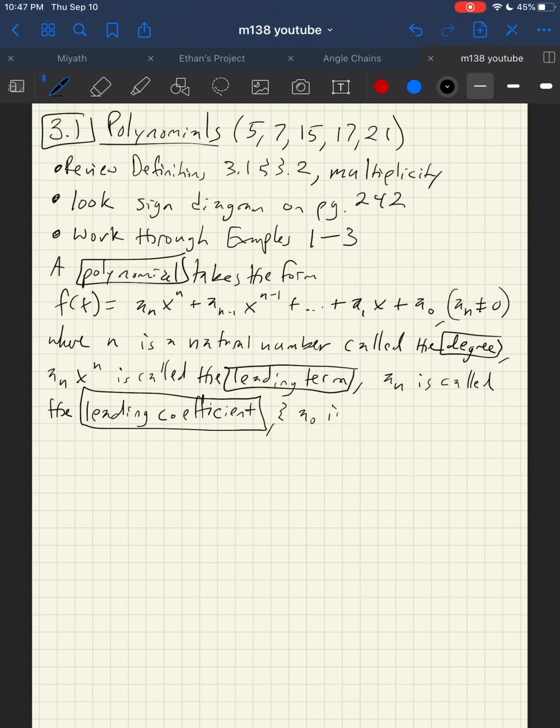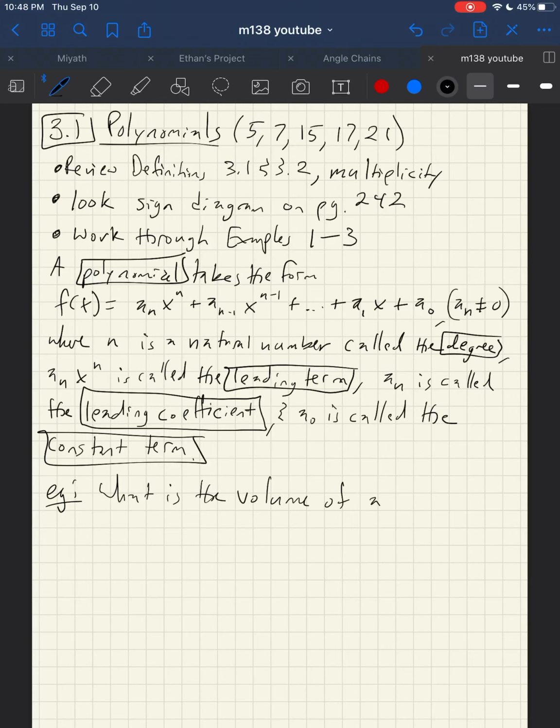And finally, a sub 0 is called the constant term. Okay. So you probably heard me say things like the leading coefficient. Again, I'm assuming that many of you have seen this before, but now we're treating it a little bit more formally. So let's do a quick example of a polynomial.